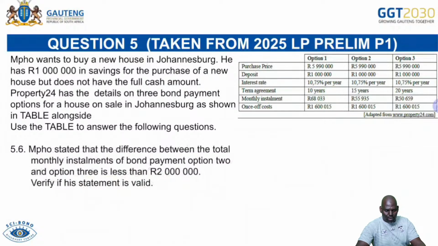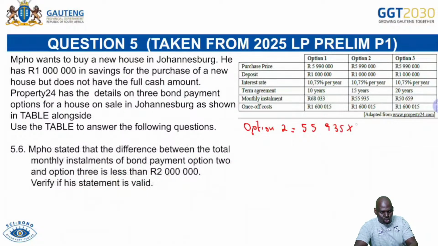For option 2, the total monthly installments must be 55,935 multiplied by 12 and multiplied by 15.